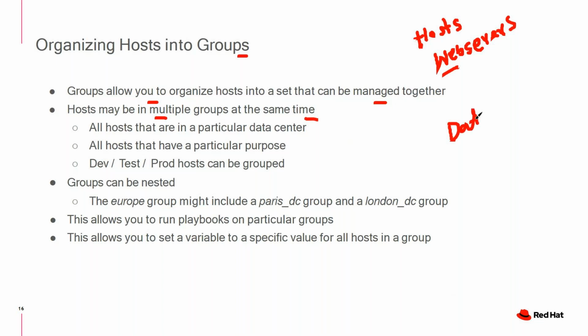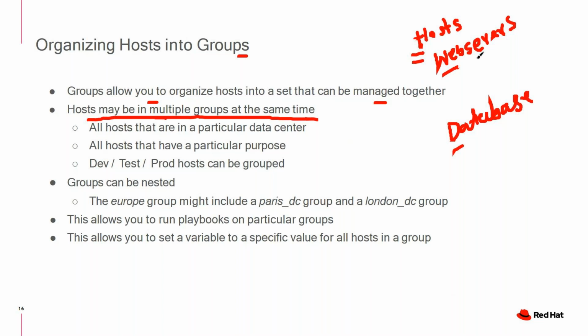So, as you can see, hosts may be in multiple groups at the same time. What exactly does this mean? It means you can keep in the host inventory file two groups at a time or more than two groups at a time. It depends on the need.